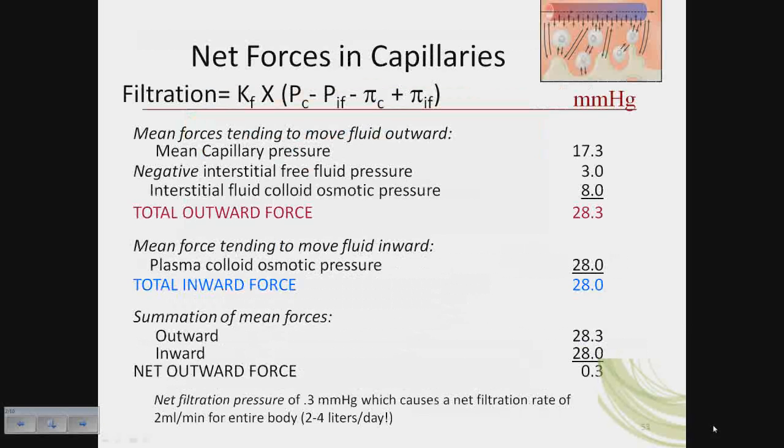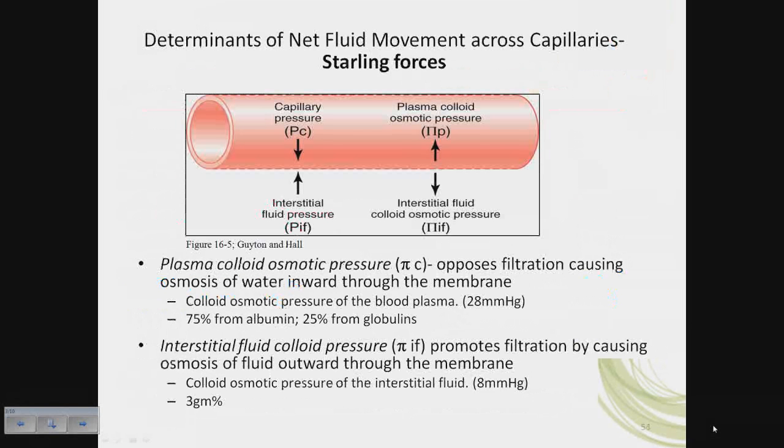Now, if we were to add together the values from those arrows, if we were to add the outward promoting forces, we would add together capillary hydrostatic pressure, 17.3, and the interstitial fluid colloid osmotic pressure, 8.